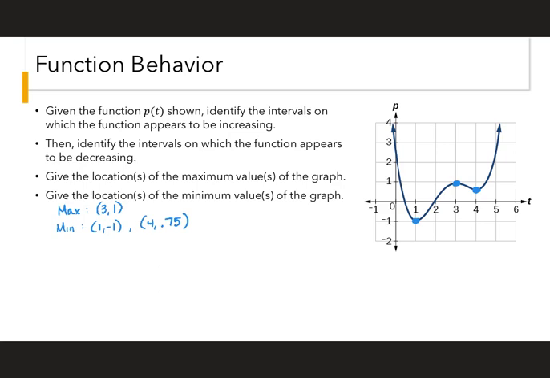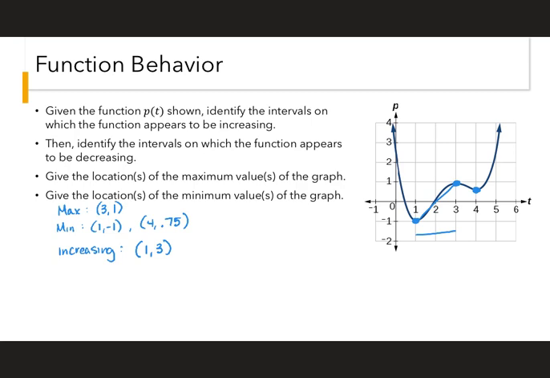Okay. Now, increasing intervals, the interval only uses the x values where it's getting bigger. So it gets bigger right here, so between 1 and 3, and we never include the endpoints. So this is one of the few times where we always use round parentheses.